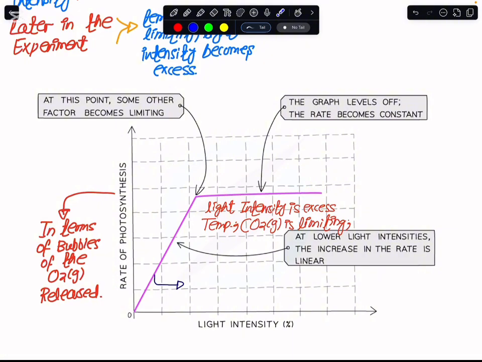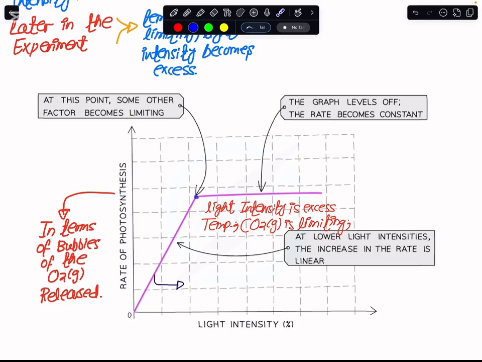The trick is that since the light intensity initially would be very low, and the temperature was 25 and the carbon dioxide concentration was 0.04, in this part of the graph, apart from the light intensity, the temperature and the carbon dioxide would be acting as excess here, and the light intensity labeled on the x-axis would be acting as limiting. But where the graph becomes horizontal, from this point onward, I have attained a very maximum value of the light intensity.